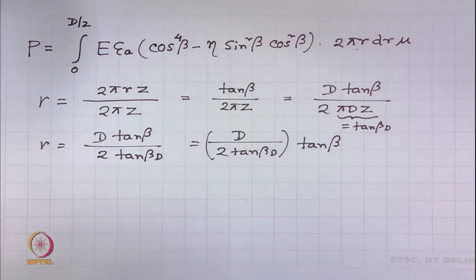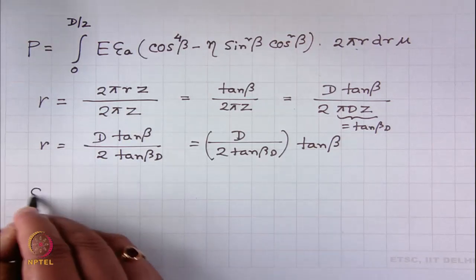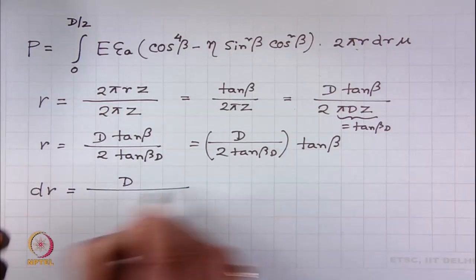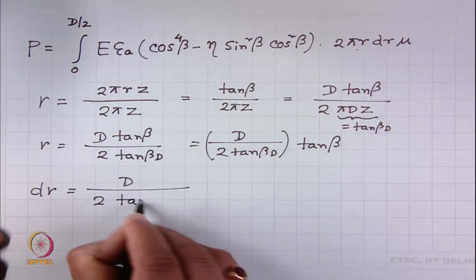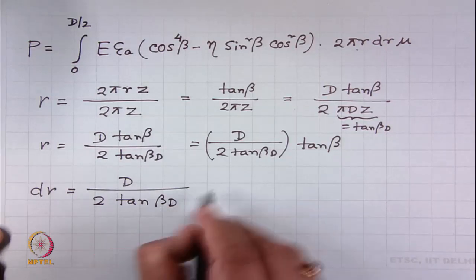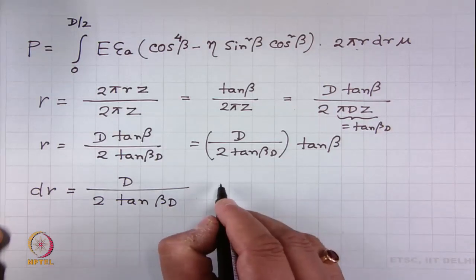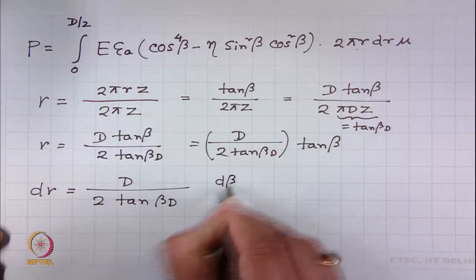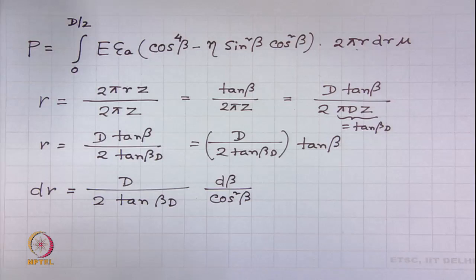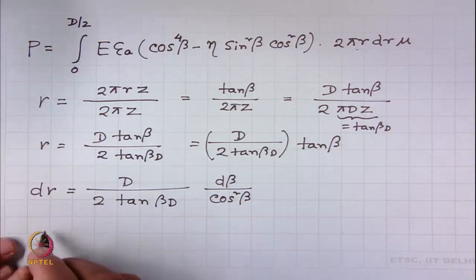Right. So, dr is D by 2 tangent beta sec square beta, that is equal to D by 2 d beta by cos square beta. Now, what is r dr?